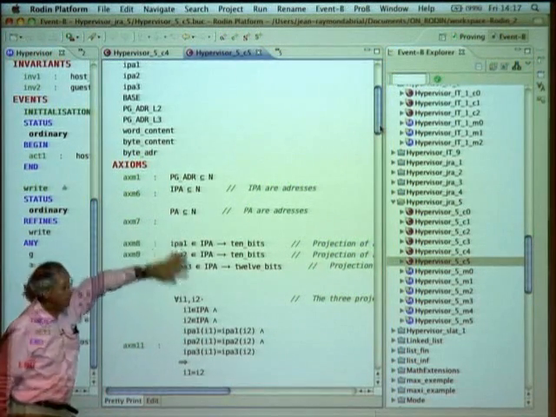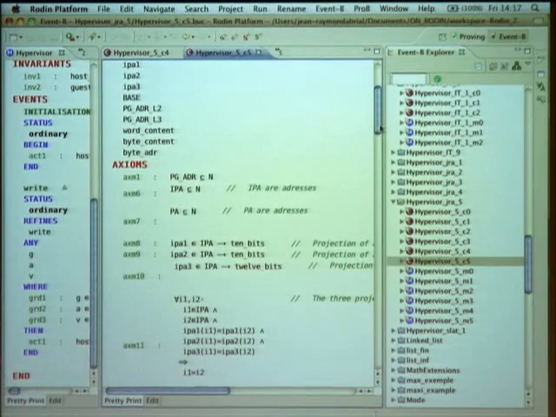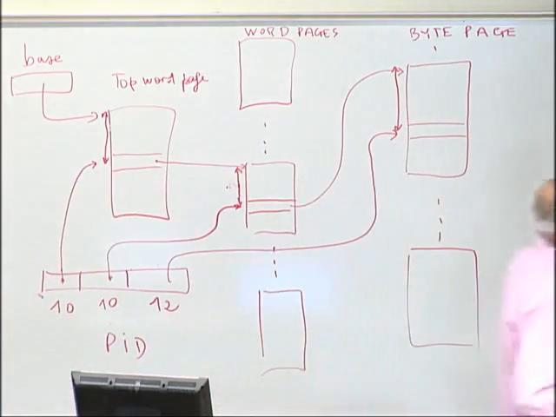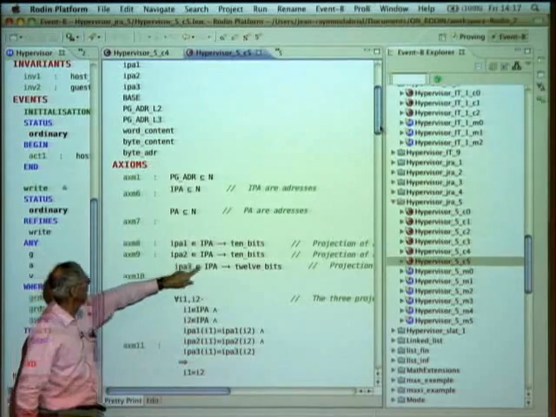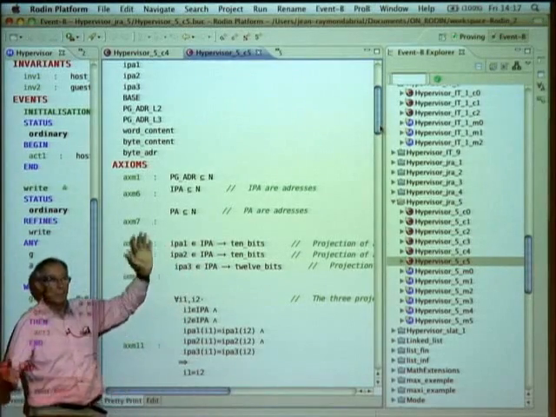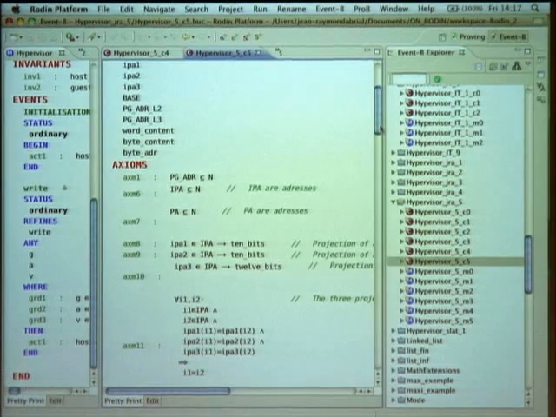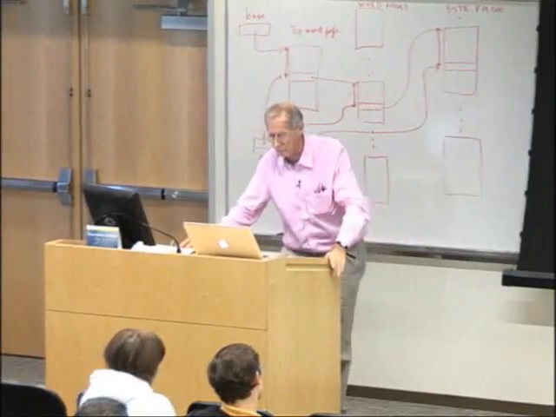And now we define this, but rather than defining this as 32 bits, we just define some projection functions, IPA1, IPA2, IPA3, and we call them 10 bits, and 12 bits. Okay, we do not go into the real bits. There is no point in doing this.